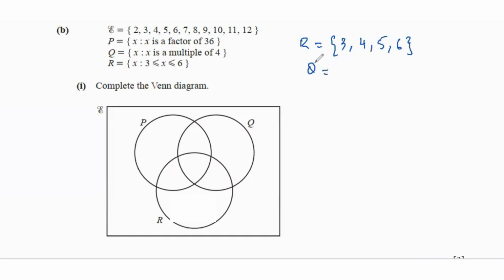Q is a multiple of 4. So that's going to be 4, 8, and 12. And P is going to be a factor of 36. So that's 2, 3, 4, 6, 9, and 12.